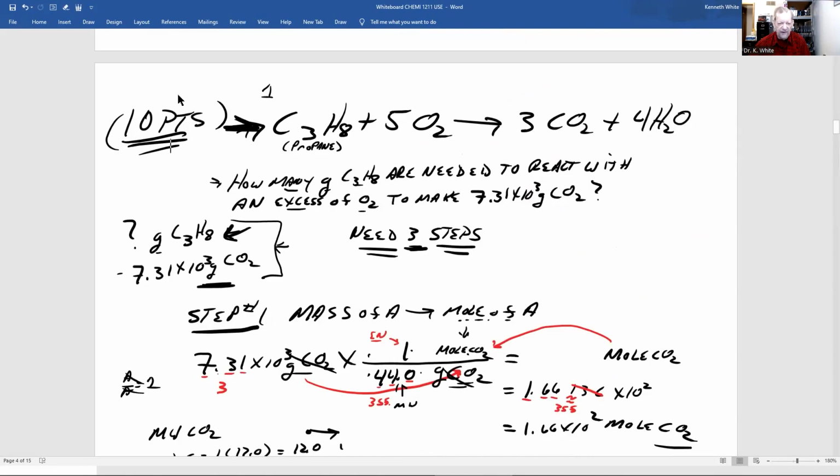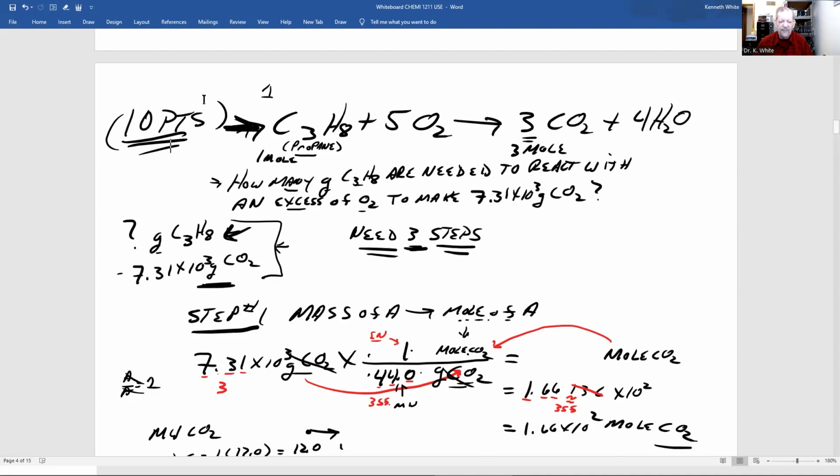And if we look up here, the coefficient in front of propane is a 1. That tells me 1 mole of propane makes, in front of CO2, 3 moles of CO2. Also, 5 moles of oxygen react with the 1 mole of propane to make the 3 moles of CO2 and 4 moles of water, but oxygen, water, we're not interested in this problem.